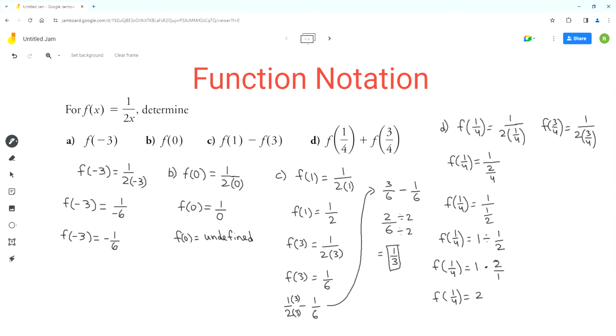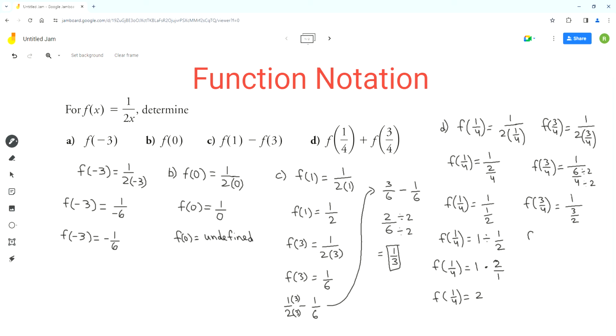So now we can multiply 2 and 3 over 4 and we get, so f at 3 over 4 equals 1 over 6 over 4, which can be reduced by dividing both the numerator and the denominator by 2. So f at 3 over 4 equals 1 over 3 over 2.